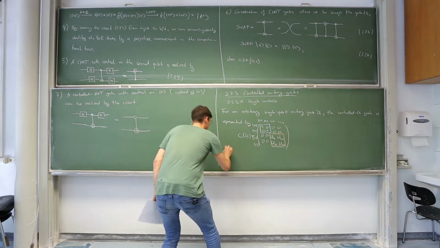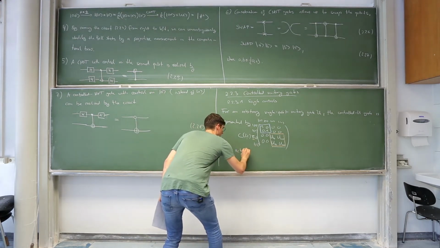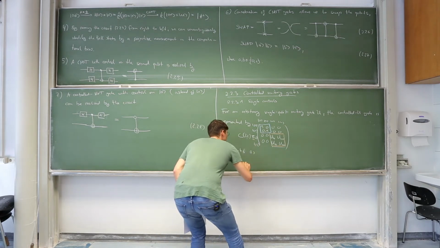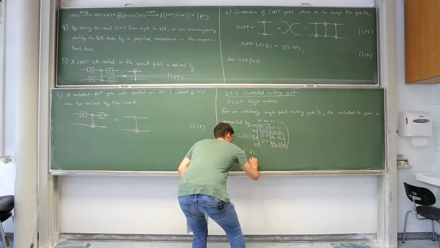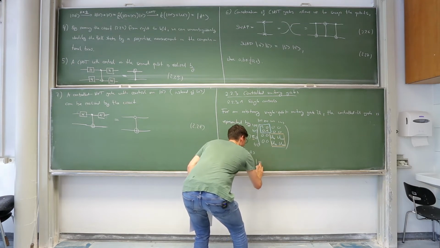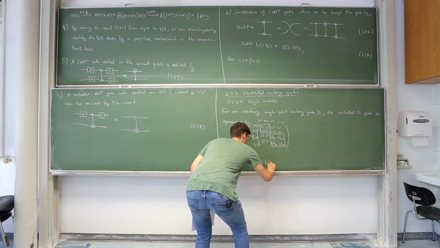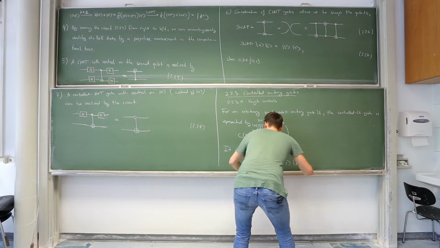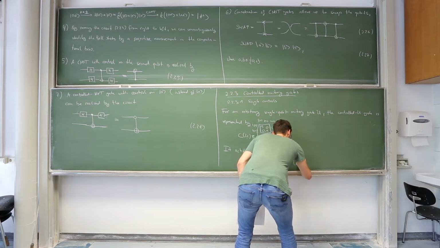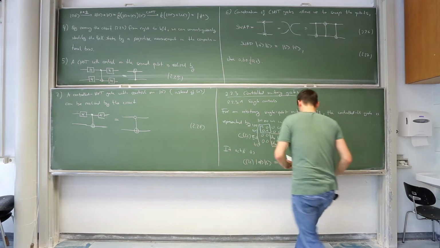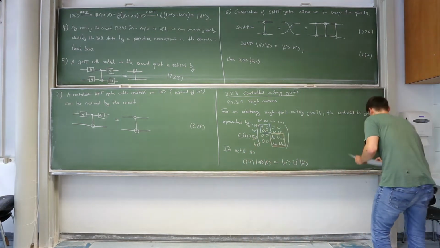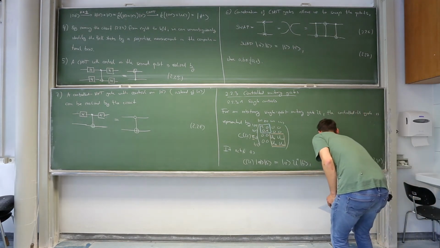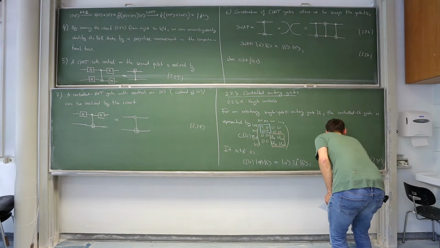So it acts as follows: if I have the controlled unitary CU acting on the state A, B, then we get A tensor U to the power of A, B. This is equation 2.30, where A and B are in {0, 1}.